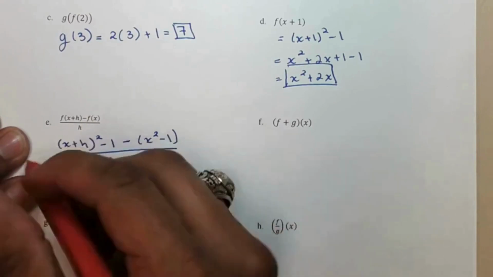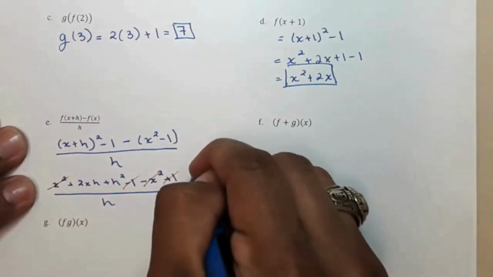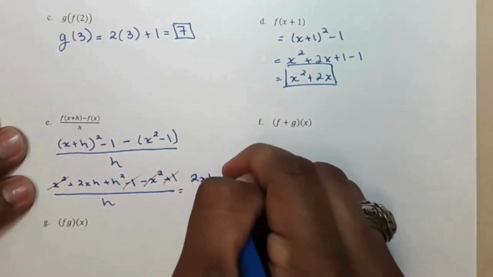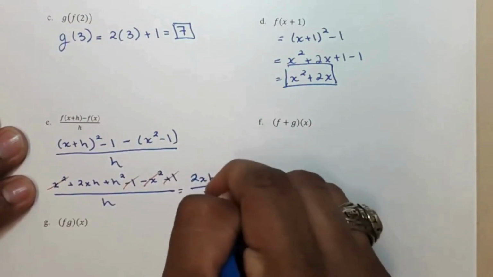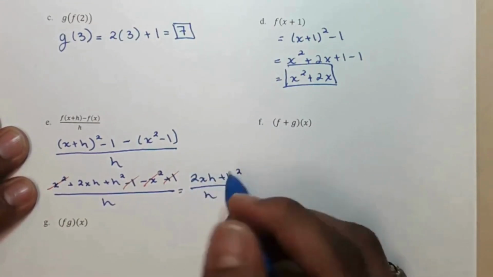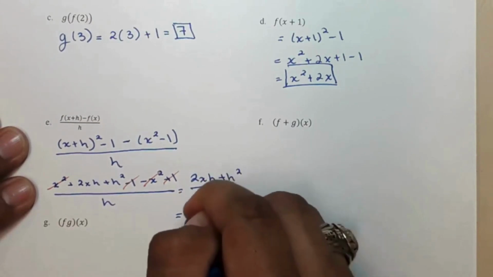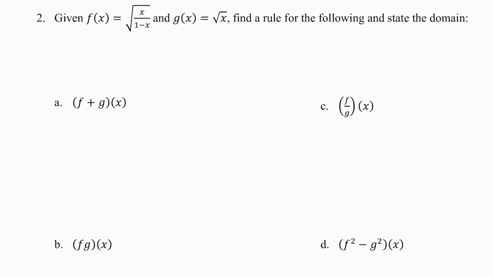And to help out, I'll just cross those out. So you're left with 2xh plus h squared all over h. Well, each term has an h, so if I divide them all by h, you end up getting left with 2x plus h.